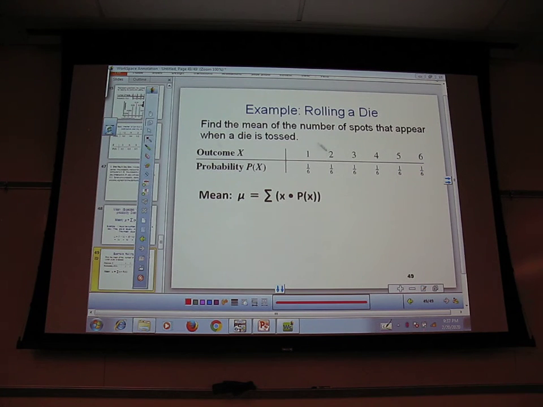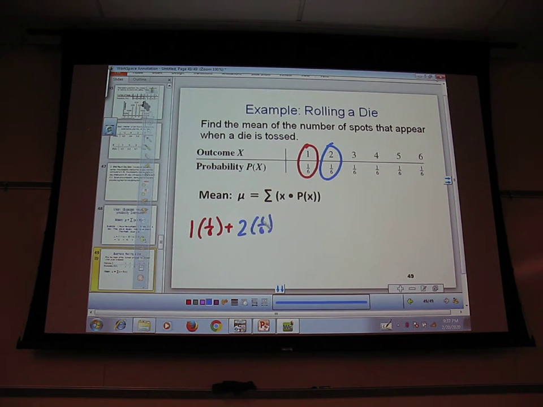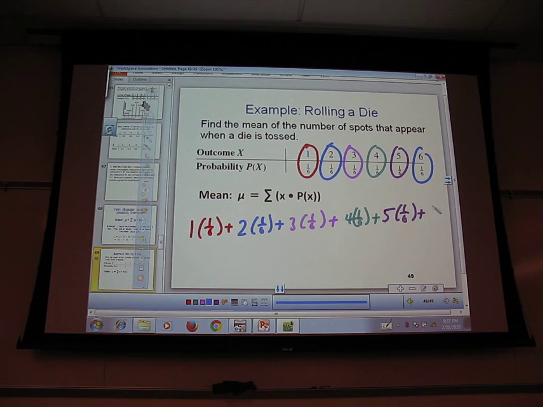I'm going to take every x value multiplied by its probability. 1 times 1/6 plus 2 times 1/6 plus 3 times 1/6 plus 4 times 1/6 plus 5 times 1/6 plus 6 times 1/6.